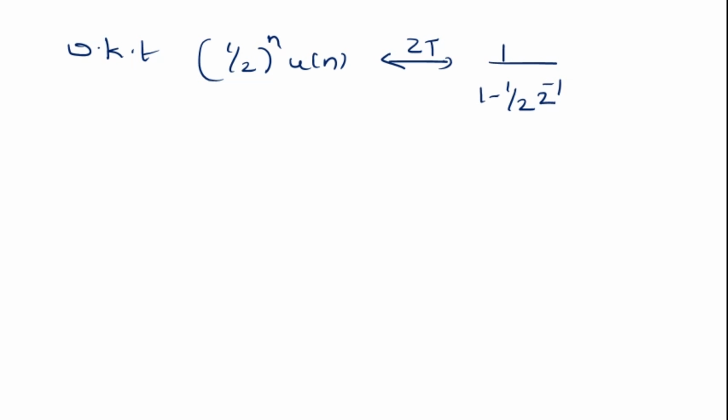We know that half to the power n into u of n, if we take z transform, we get 1 divided by 1 minus half z inverse, with mod z is greater than half.